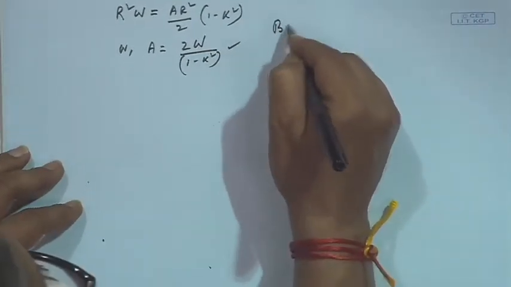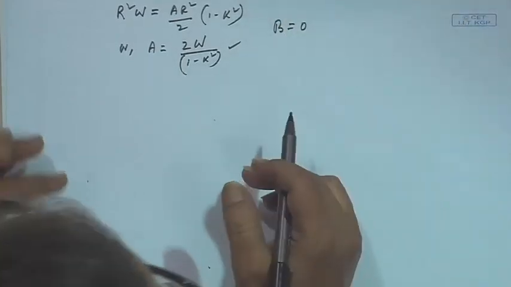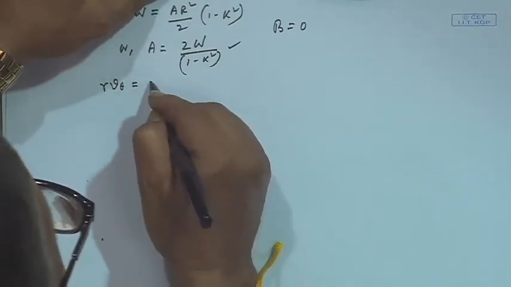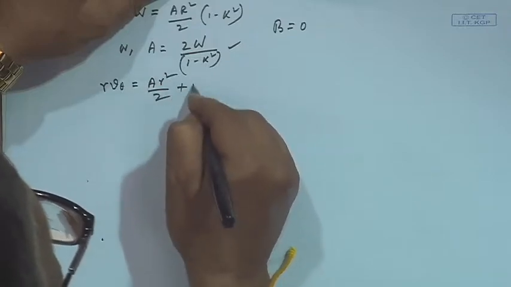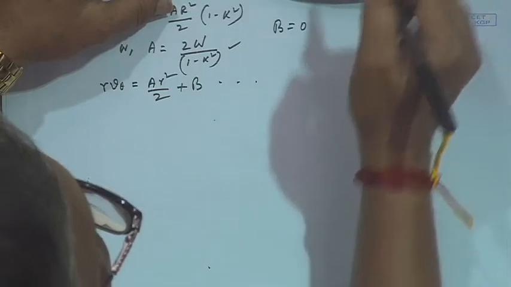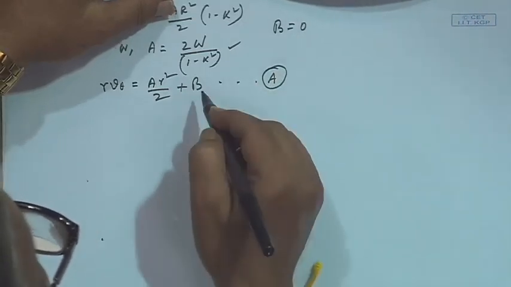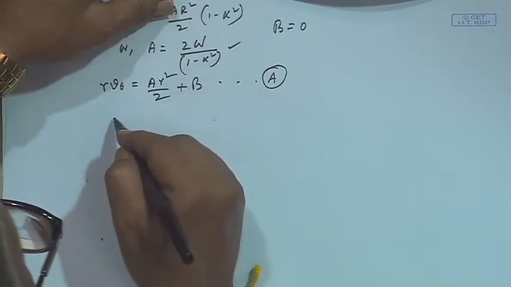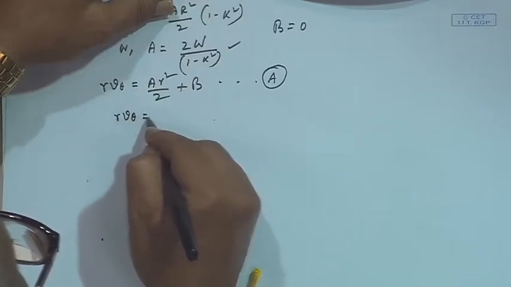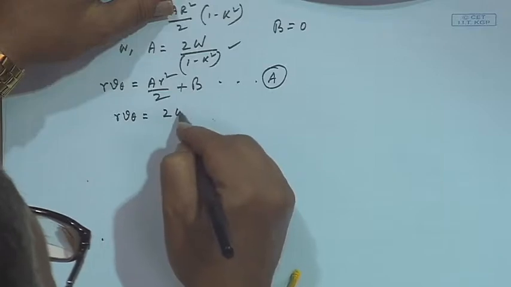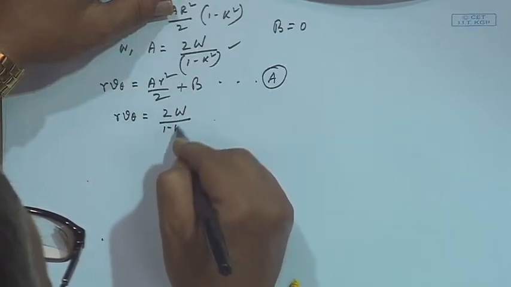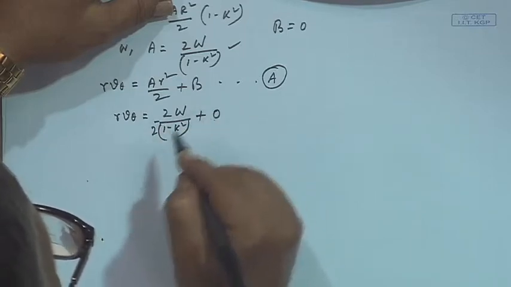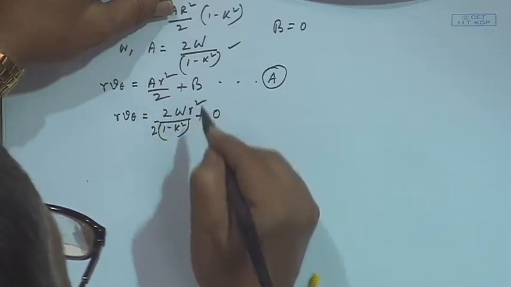So, we had B equal to 0, and we had the original equation r v theta is equal to A r square by 2 plus B. In this equation, if we substitute the value of A and B, then r v theta is equal to A, which is 2 omega over 1 minus k square, divided by 2, plus B, which is 0, into r square.